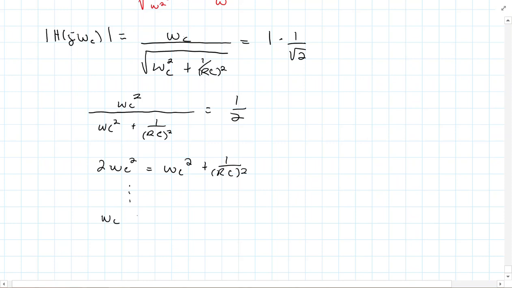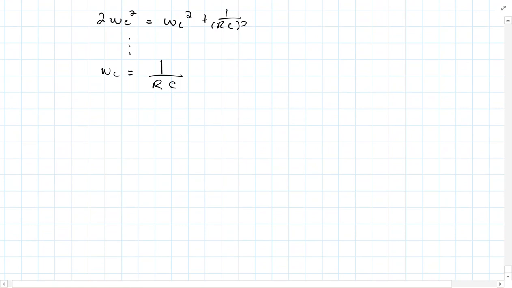Skip a couple steps here, it should be pretty obvious at this point. We get omega c being 1 over RC. So we get the same formula for the cutoff frequency for the high pass filter. Now we shouldn't be surprised by this. Why should we not be surprised by this?